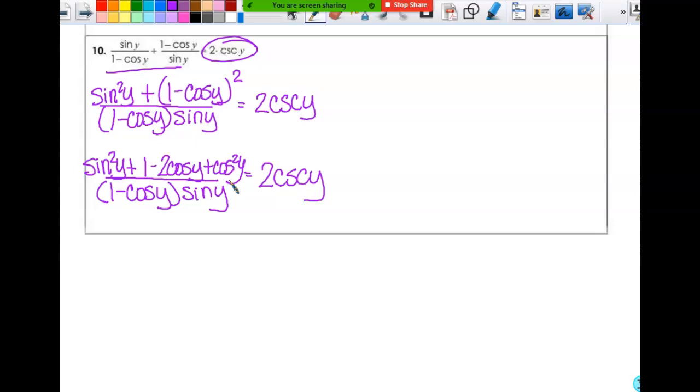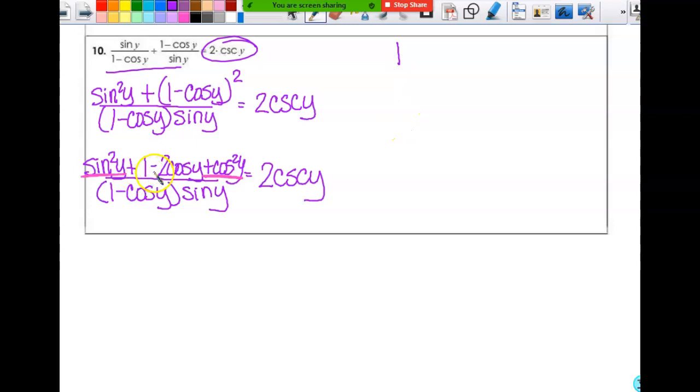So now when I look at what to do with this, I'm looking at my numerator. There's no like terms I can combine. However, I do have sine squared y plus cosine squared y, and we all know by now that that's what? 1. So for those two terms together, and it's okay that they're not next to each other, I can combine them and make them 1.